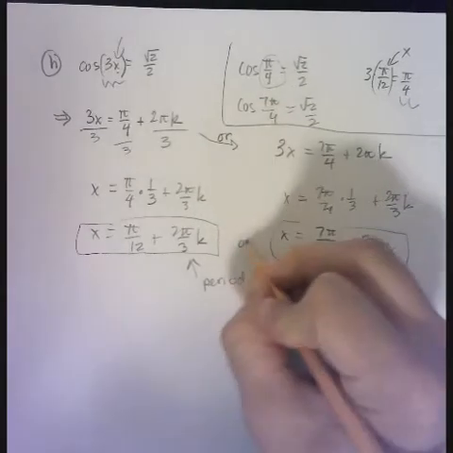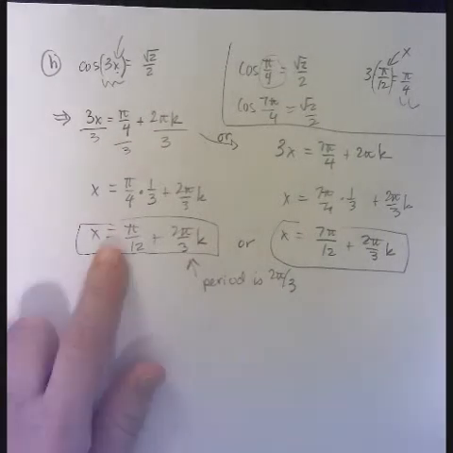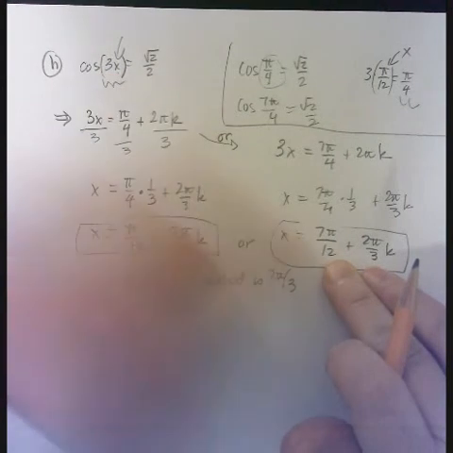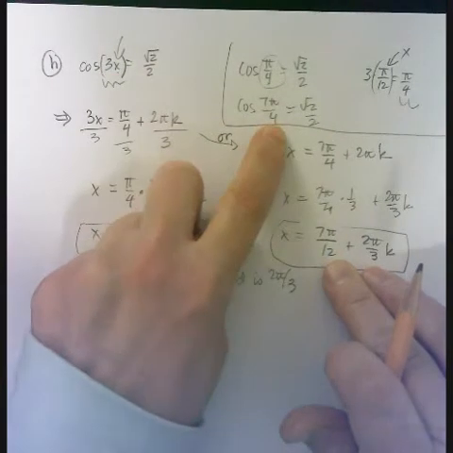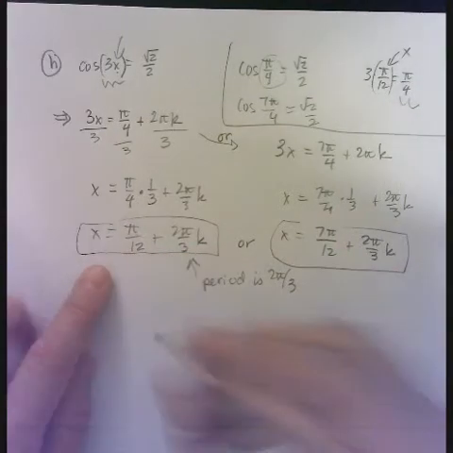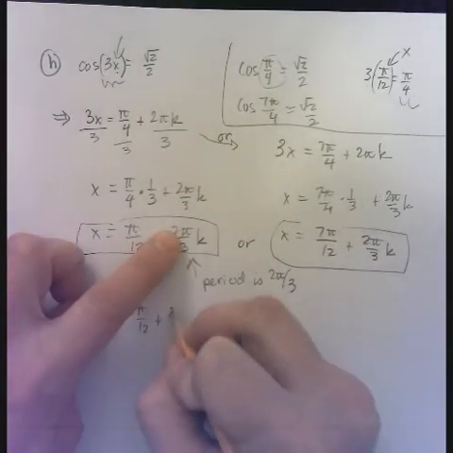So notice when you put the 7 pi over 12 in, the 3 goes into 12 4 times, and you get the 7 pi over 4, right? And then when you add this period, you're going to get other solutions. Notice pi over 12 plus 2 pi over 3. You've got to be good with working with fractions here.